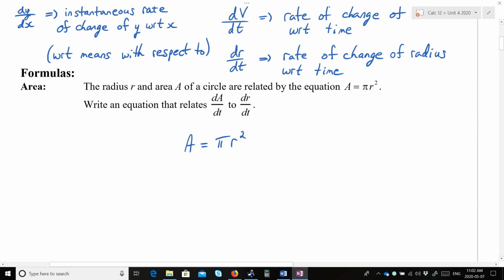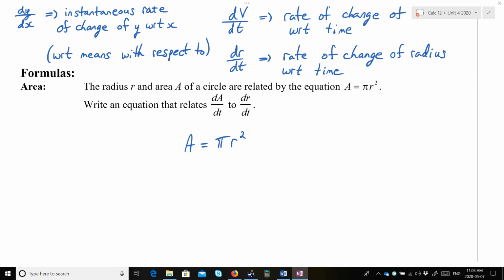Okay, and we can treat these as functions with respect to time. And what you do is you differentiate them normally, and then because we're treating it as a function of time, we have to write dA dt beside our A derivatives and dr dt beside our r derivatives and so on.